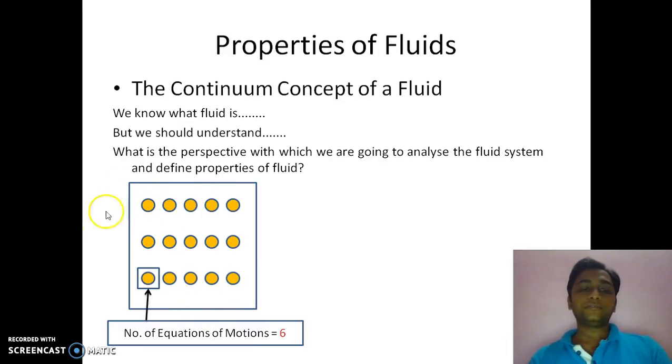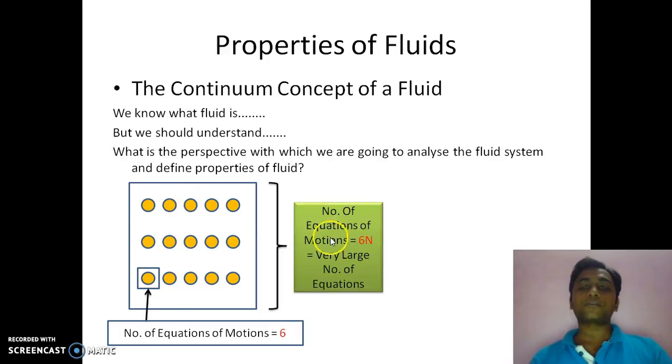But when we talk about a fluid system, there are a large number of molecules present. For each and every individual molecule, we have to write individual equations of motion. Accordingly, for the whole system, the number of equations of motion will be equal to 6 into n. Here 6 is the number of types of motion we have, and n is the number of molecules present within this system.